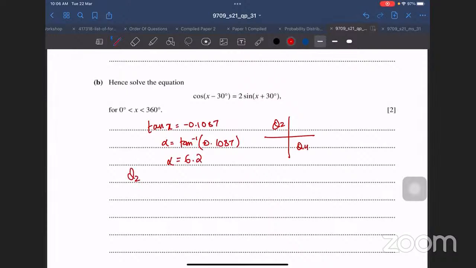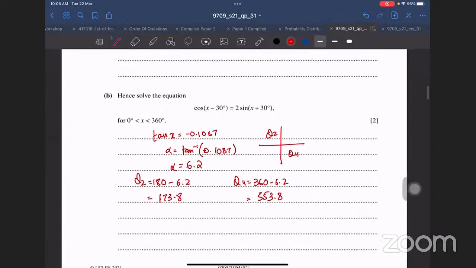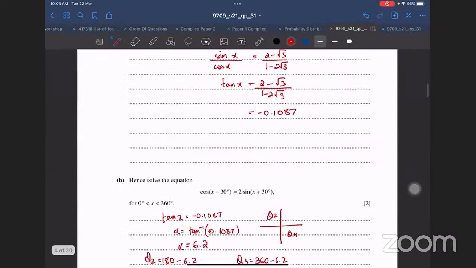Quadrant 2 is 180 minus 6.2, and quadrant 4 is 360 minus 6.2. So 360 minus 6.2 gives 353.8 and 180 minus 6.2 gives me 173.8. Okay, so this was question number 3.